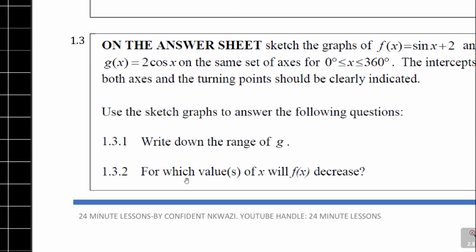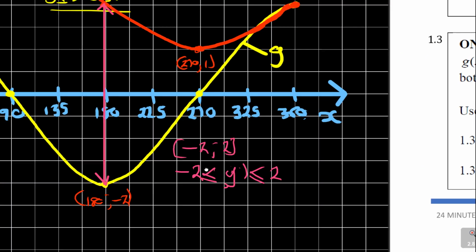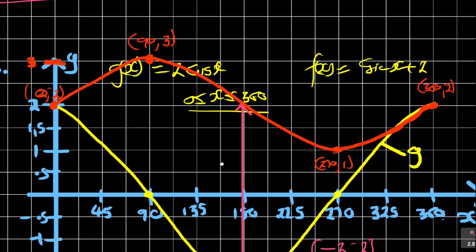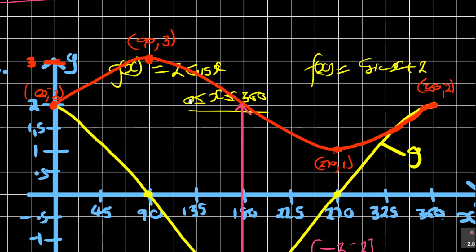And then, for which values of x will f of x decrease? Now let me show you for f of x. This is the graph of f. Remember this one? We called it f. And where is it decreasing? Pay attention so that you can see how you answer that one. When it's going up, it is increasing.